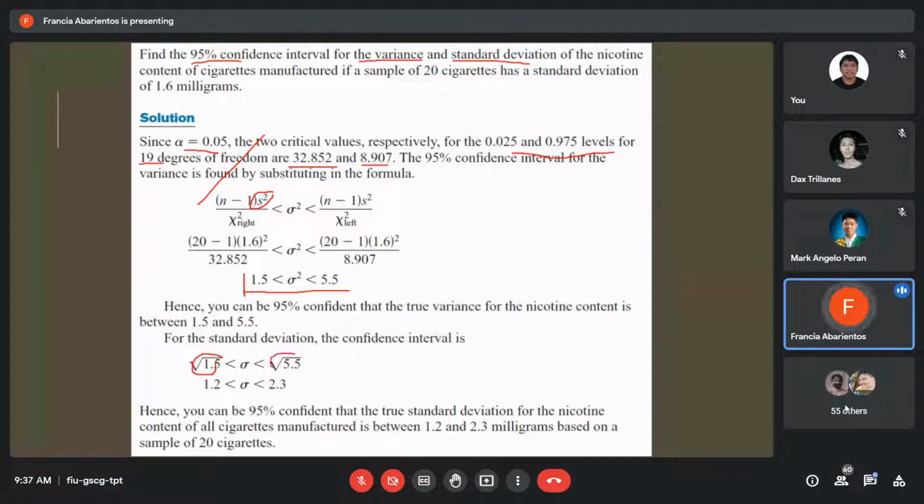Then we get 1.2 and 2.3. Okay, so it says here, you can be 95% confident that the true standard deviation for the nicotine content of all cigarettes manufactured is between 1.2 and 2.3 milligrams based on the sample of 20 cigarettes. Yes. It is like you just have a conclusion.